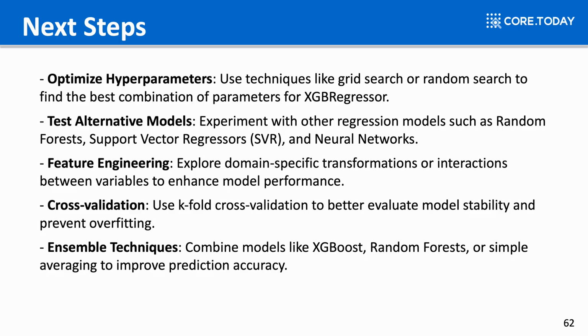Also, don't underestimate the power of feature engineering. Try adding interaction terms or transforming existing features to unearth new predictive insight. Finally, employing techniques like cross-validation adds robustness to our evaluations, and using ensemble methods can further increase predictive power by leveraging the strengths of multiple models.